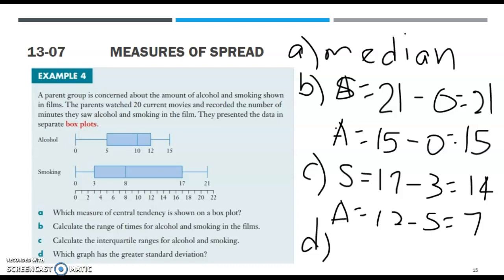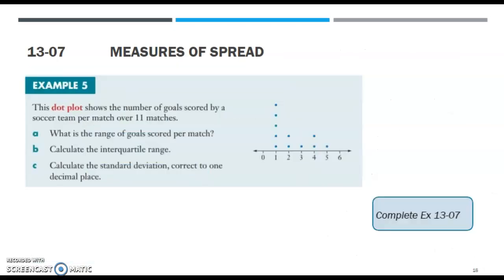The whole graph is longer, which means it has a wider range, and it also has a longer box, which means it has a larger interquartile range as well. So that means that smoking would also have a larger standard deviation because it's just another measure of spread. You might want to stop the video at this point if you need to copy it down.